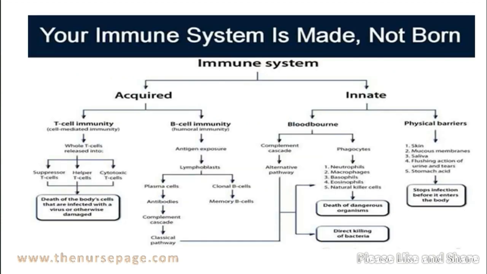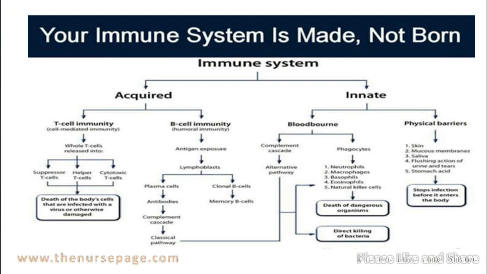So these are the immune system types we studied here: acquired and innate immunity. Acquired immunity is divided into T cell immunity, that is cell mediated immunity. Then another type of acquired immunity is B cell mediated, that is humoral immunity.